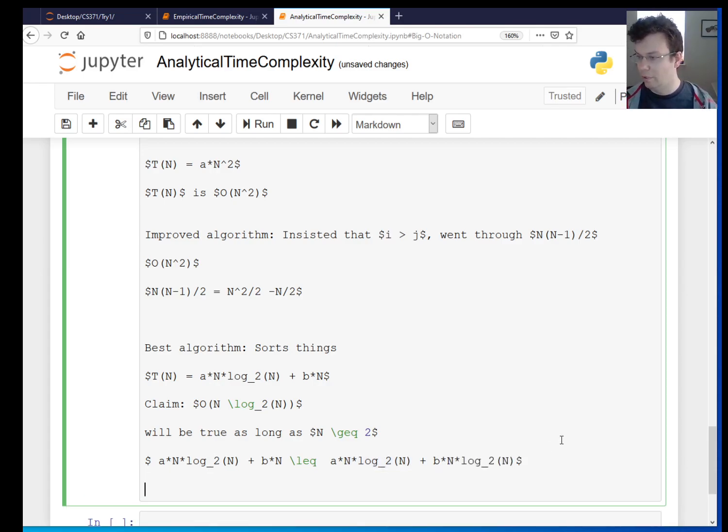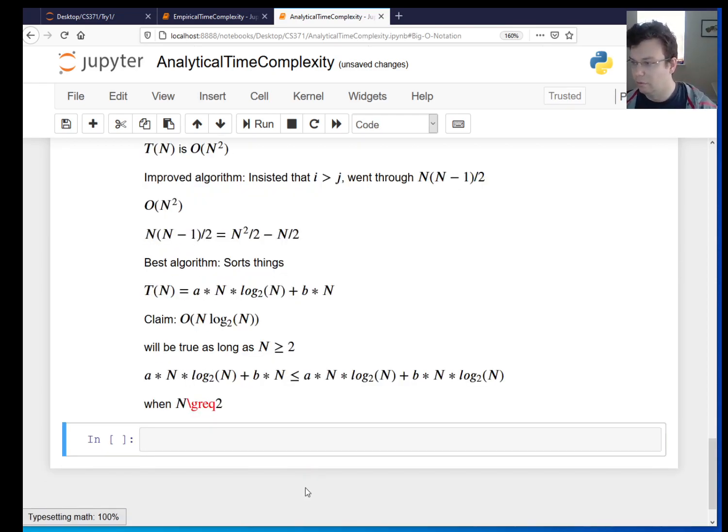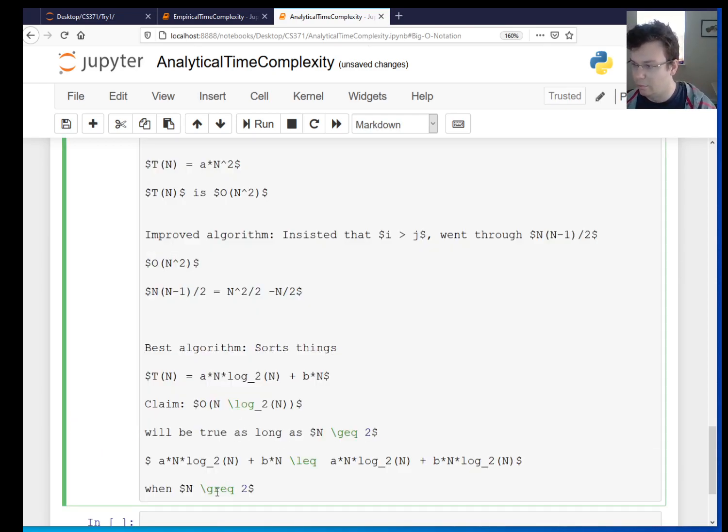And this is true as long as n is greater than or equal to 2. I need log base 2 of n to be greater than or equal to 1. Log base 2 of 2 is 1, and log base 2 of anything greater than 2 is greater than 1. So the inequality will be true at that point.